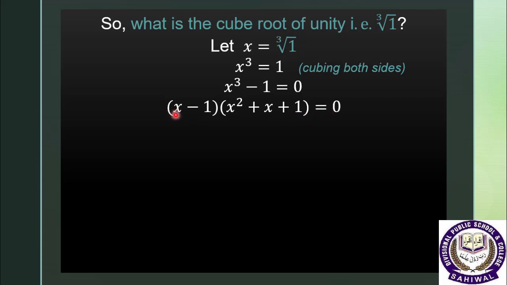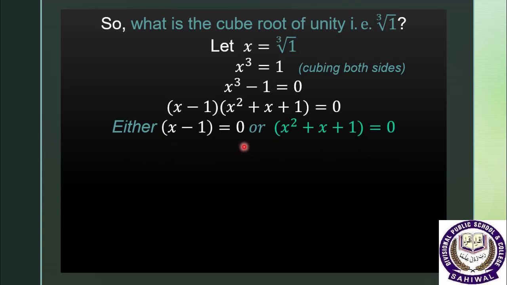We get two factors, x minus 1 a linear factor and x square plus x plus 1 a quadratic factor. This expression tells us that either x minus 1 is equal to 0 or x square plus x plus 1 is equal to 0.